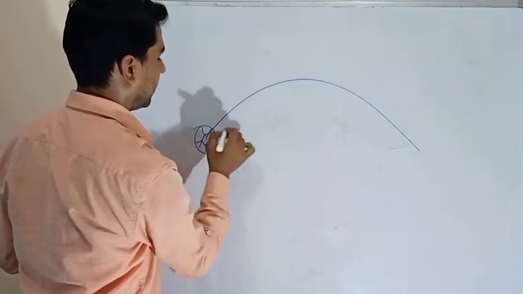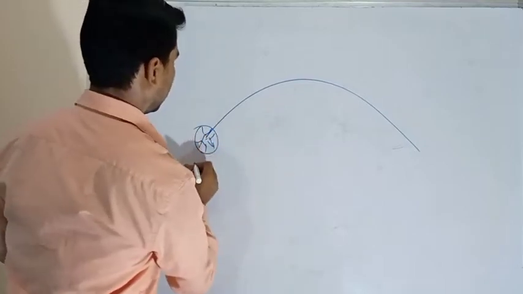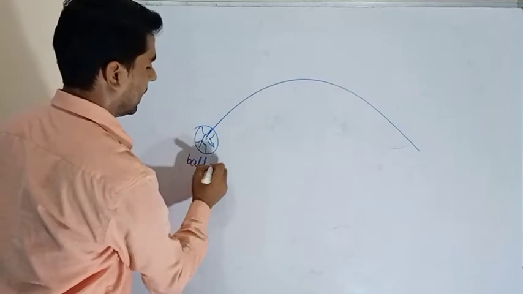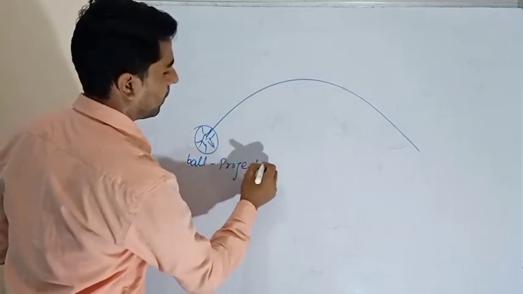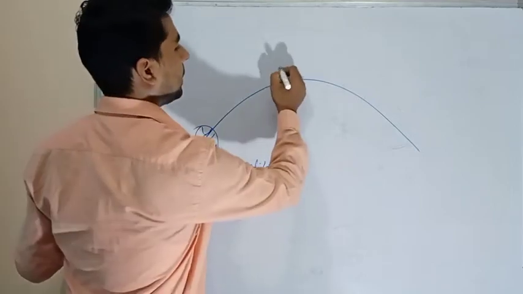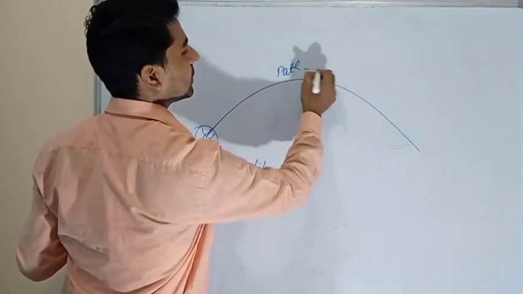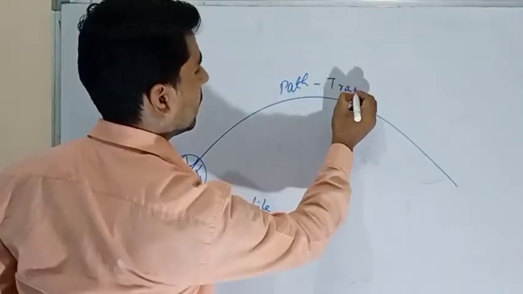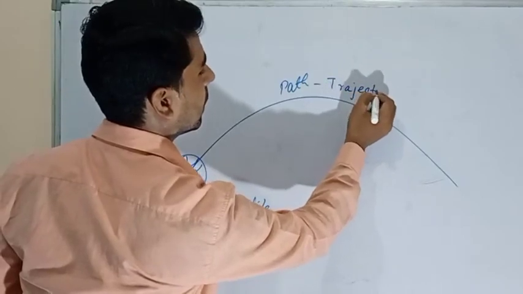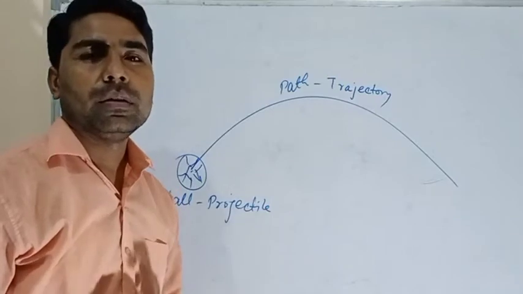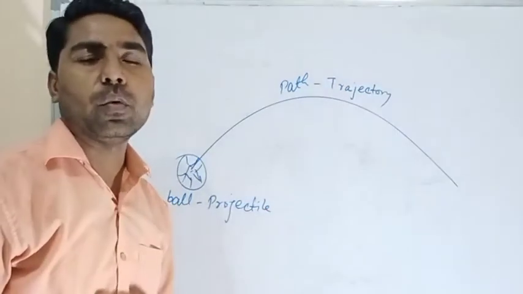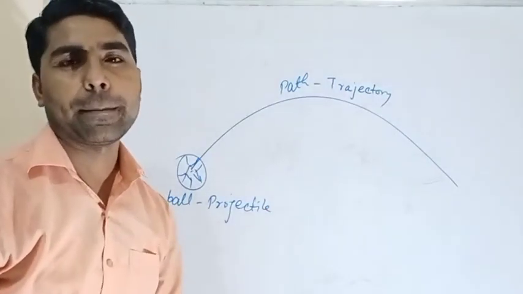I'm not good at drawing. So this ball is the projectile, and the path is the trajectory. The same thing we are going to discuss in this topic.